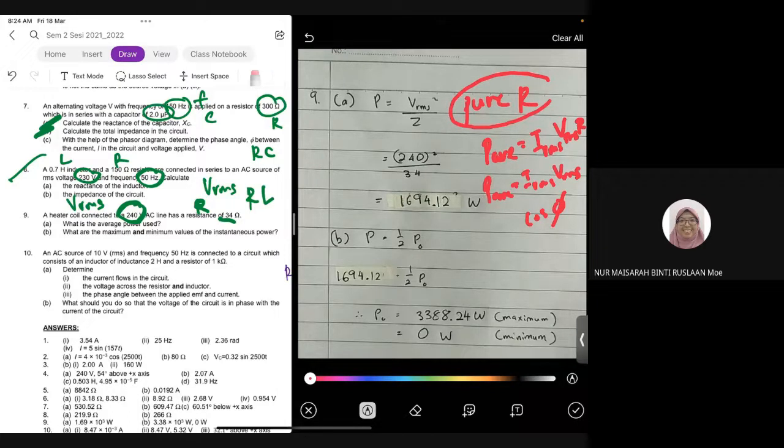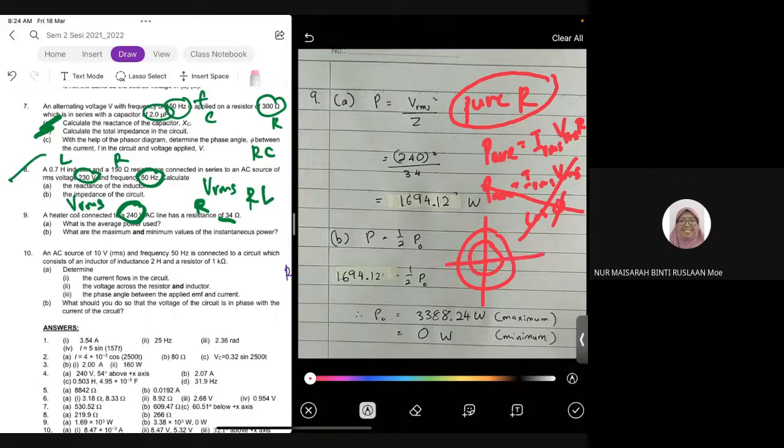So bila dia case pure resistor dia mana ada cos phi. Kenapa dia tak ada cos phi? Sebab cos phi tu hanya berlaku kalau dia adalah combination. Kalau pure resistor, your phasor diagram adalah bentuk macam ni.